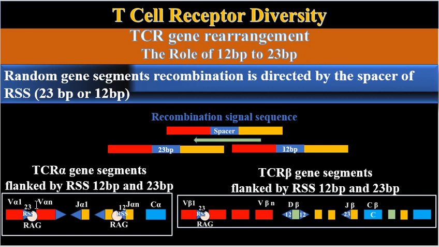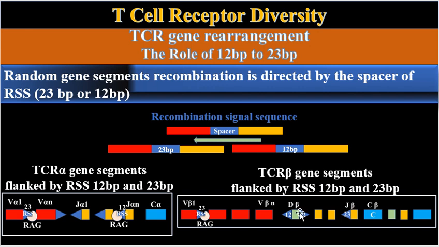recombination signal sequence. In the case of TCR beta gene segments, as can be seen here, the D or diversity segment is flanked by 12 base pair on both sides, so the direction will be from 12 to 23, and this will lead to formation of DJ.